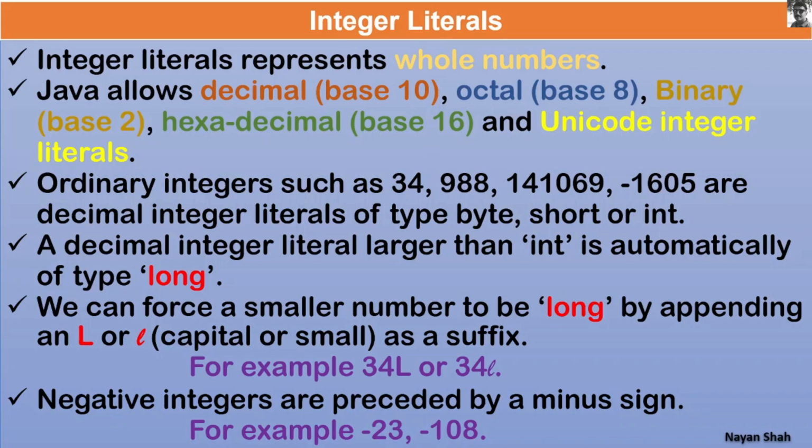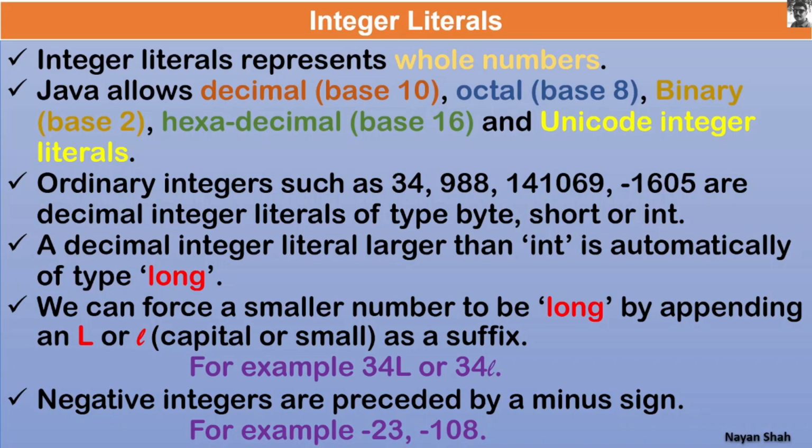Suppose you want number 34. Number 34 is a very small number. It can be of byte, short, or integer. But if you want to treat it as long, then you should write 34L, small or capital L.